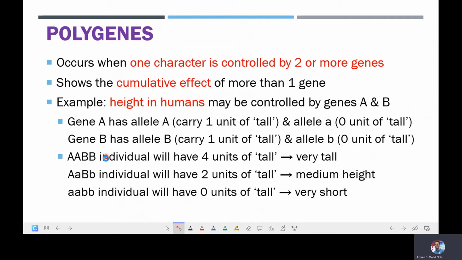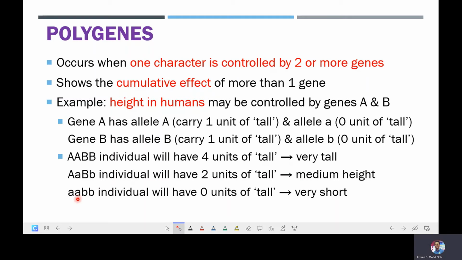And so individuals with the genotype capital A, capital A, capital B, capital B will have 4 units of tall, and this individual will be very tall. Meanwhile, an individual with the genotype capital A, small a, capital B, small b will have 2 units of tall, and this individual will have a medium height.